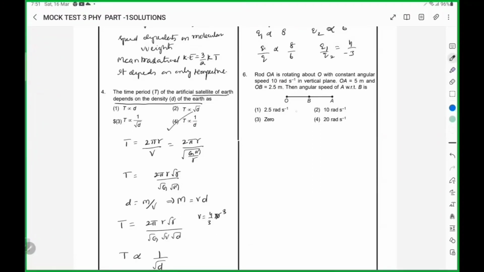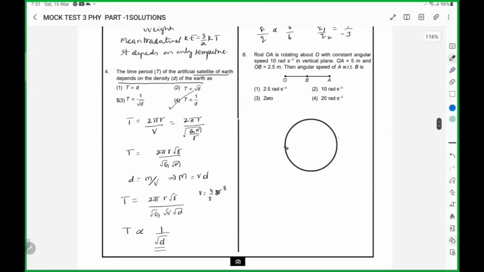When a rod OA is rotating about O with a constant angular speed, angular speed about O means, let us say, somewhere its position is theta.